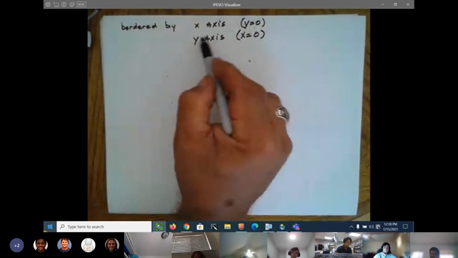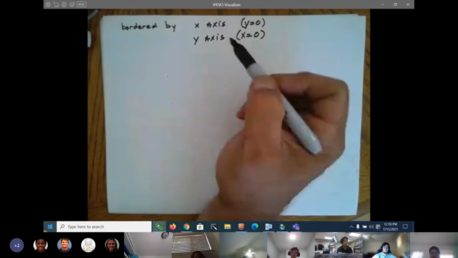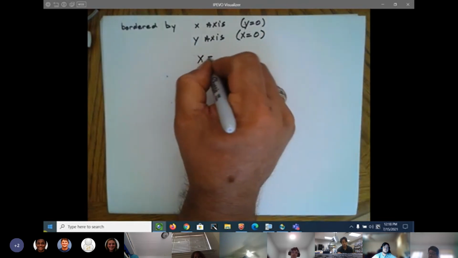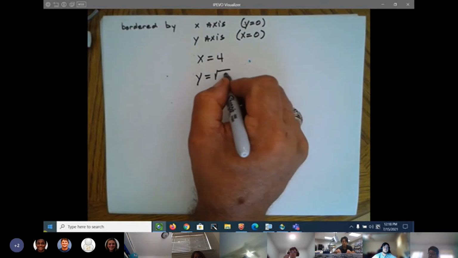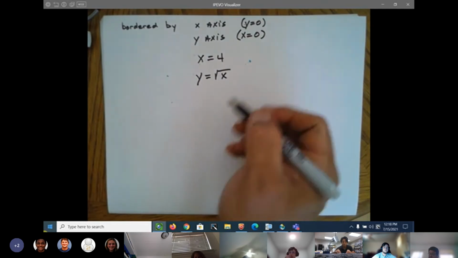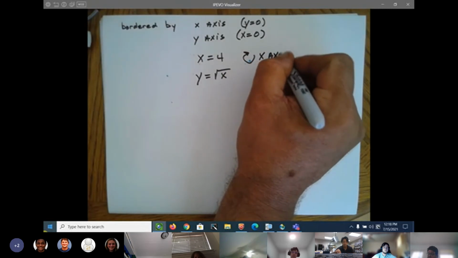Sometimes they might do it like this and put bordered by. Sometimes they may do it like this. X is equal to 4 and y is equal to the square root of x, and you're rotating it around the x-axis.